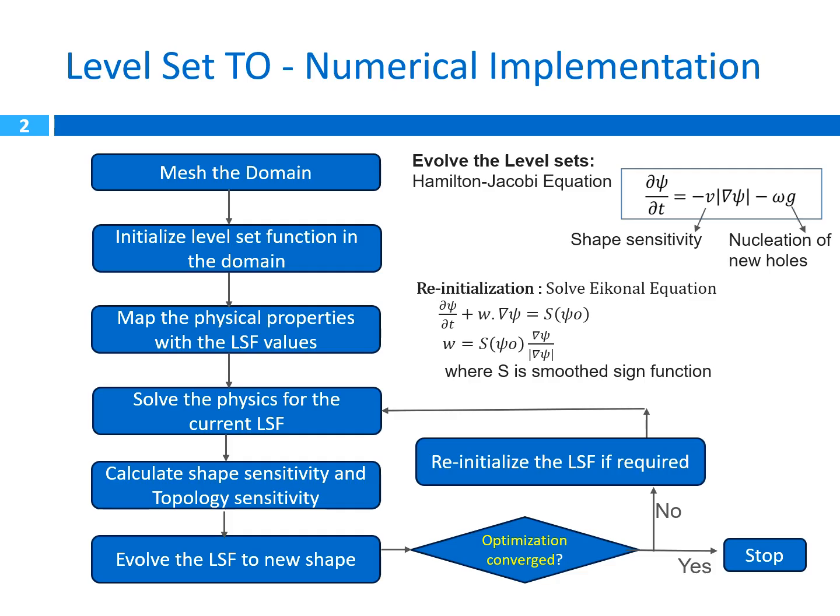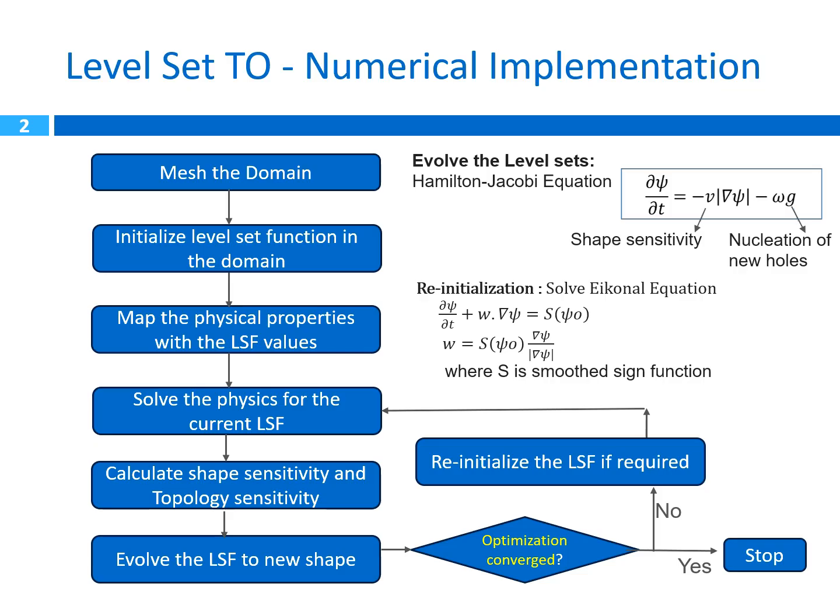And then you need to map the physical properties with the level set function. Here you can assume ψ is the level set function, and ψ greater than 0 represents void, and ψ less than 0 represents material. Like that, you can assign the material properties based on the value of the level set function.